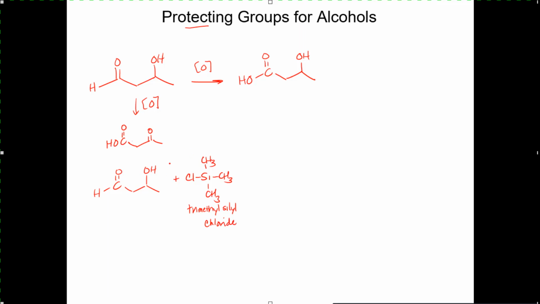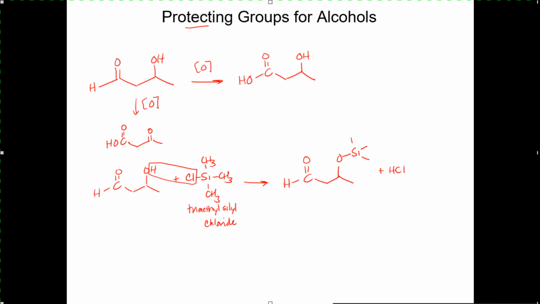What will happen is that trimethylsilyl chloride will react with the alcohol very much like the tosyl chloride that we saw before, and you're going to lose HCl in this process. So you're going to end up converting the OH group into an O with this trimethylsilyl group attached to the oxygen, and you would also make HCl. A silicon-oxygen bond is pretty strong, so that's a driving force for this reaction.